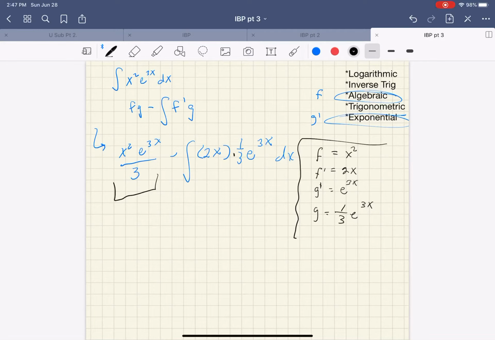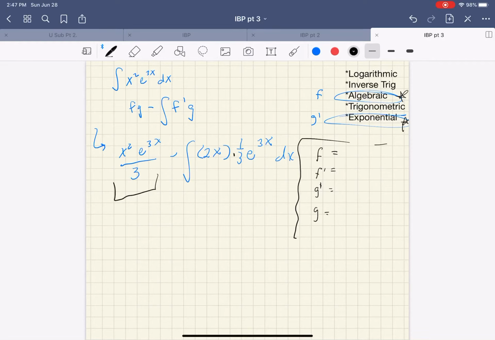So now you have to determine which one's your f and then which one's your g, like we have been doing in the past. So here I'm going to erase this right here and then use our next two functions. Like we had in the previous one, our f is going to be 2x because it's algebraic, how we had it in the beginning. And the other one, g prime, is going to be our exponential. So it essentially stays the same.